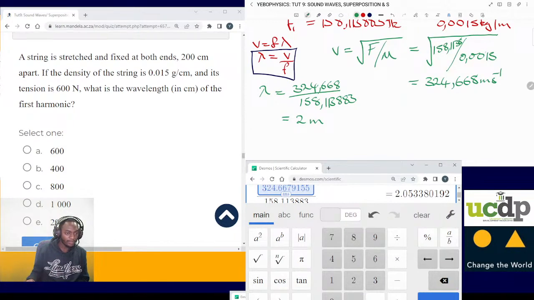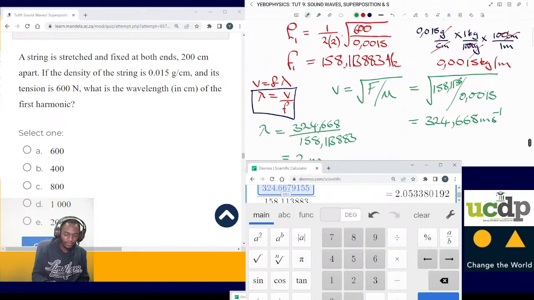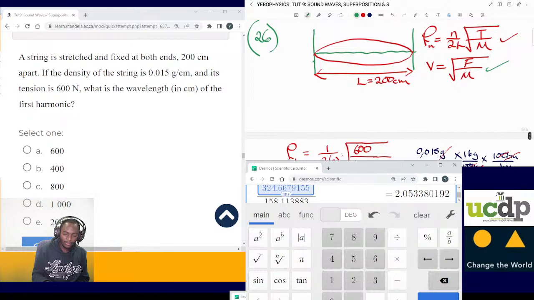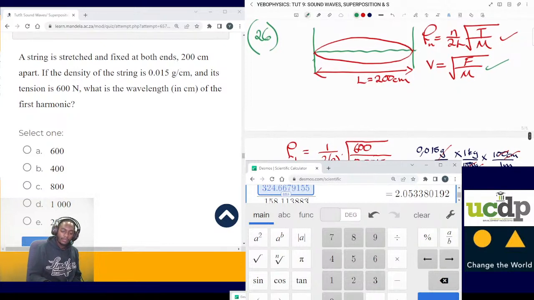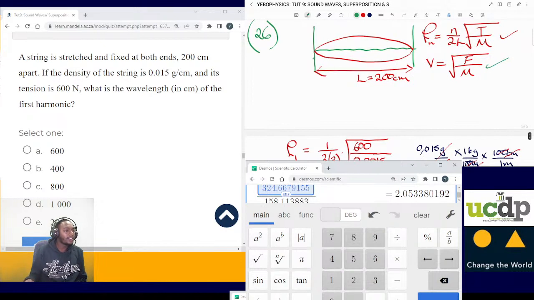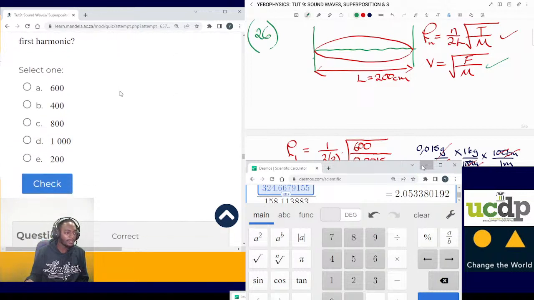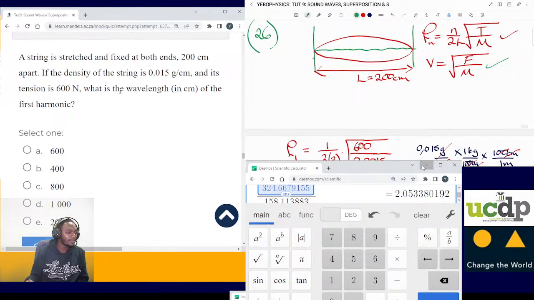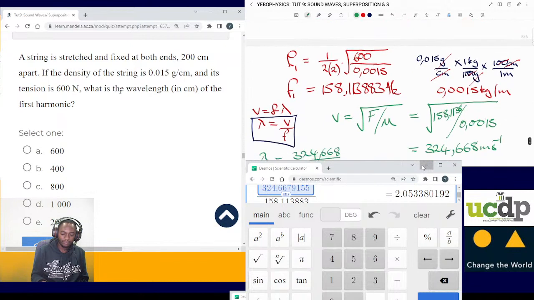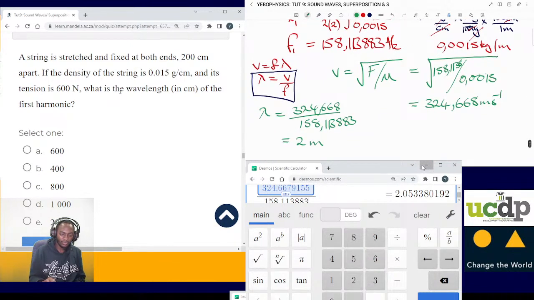For the fundamental mode, and our question here, what is it saying? So we got 2 meters approximately equal to 2 meters. What is the wavelength? So here we get 200 for the first harmonic. So it seems it's giving us two different answers.